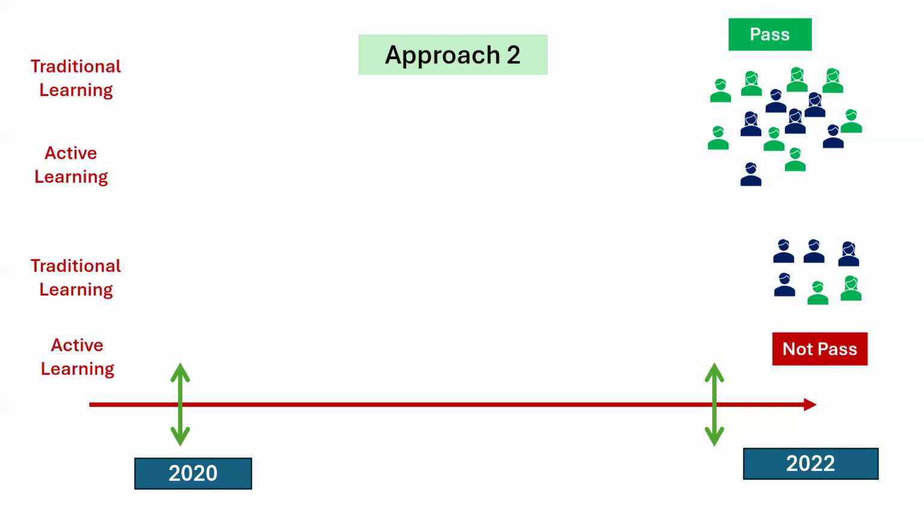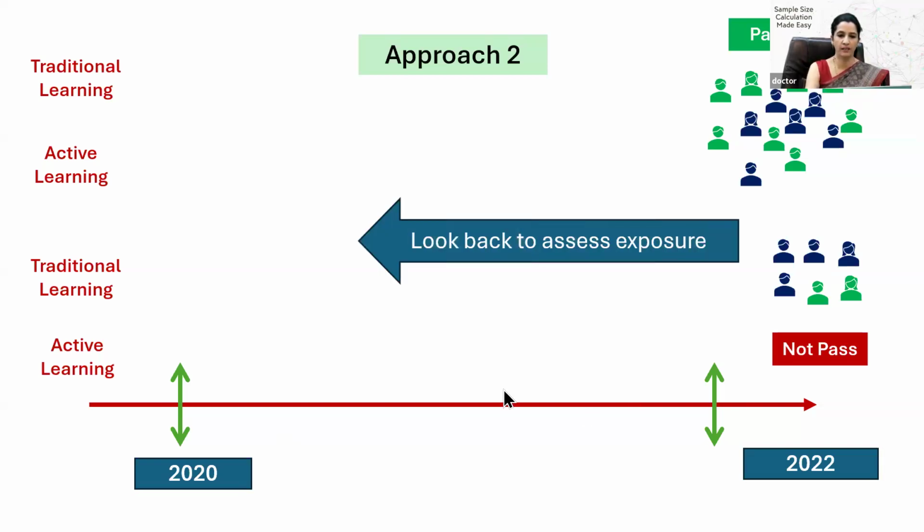Now coming to approach 2. In this case, you can see these are the 2 years, 2020 and 2022. In 2022, I have just taken the students who passed and who did not pass. I have categorized these 2 groups on the basis of outcome.